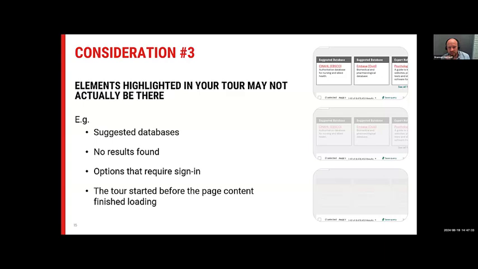An easier way to combat this issue, and it's the method I've been trying to use, is really just to use language in the tour that makes sense regardless of whether the highlighted element is there or not. For example, instead of saying something like, "Here are the results of your search," you might just say, "The results of your search are listed on the page."